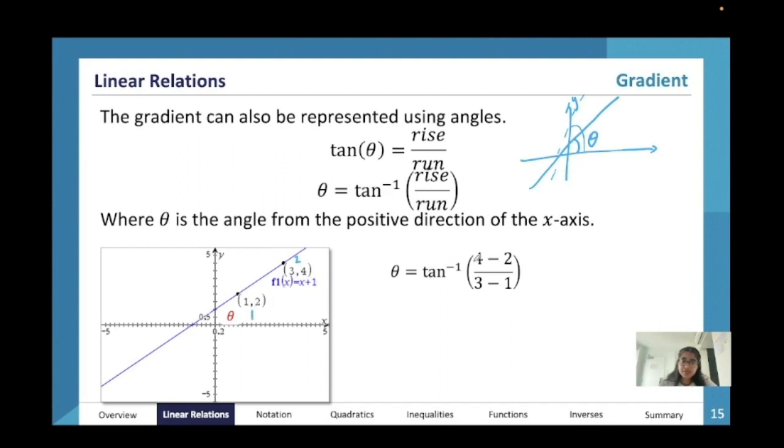So tan inverse of 4 minus 2 divided by 3 minus 1. So tan inverse of the gradient, that's tan inverse of 1, which is theta is pi on 4, or 45 degrees. So if you're not really sure what this pi on 4 means, don't stress about it. When you get to circular functions, it'll start to make sense a bit more. But for now, you can use 45 degrees.